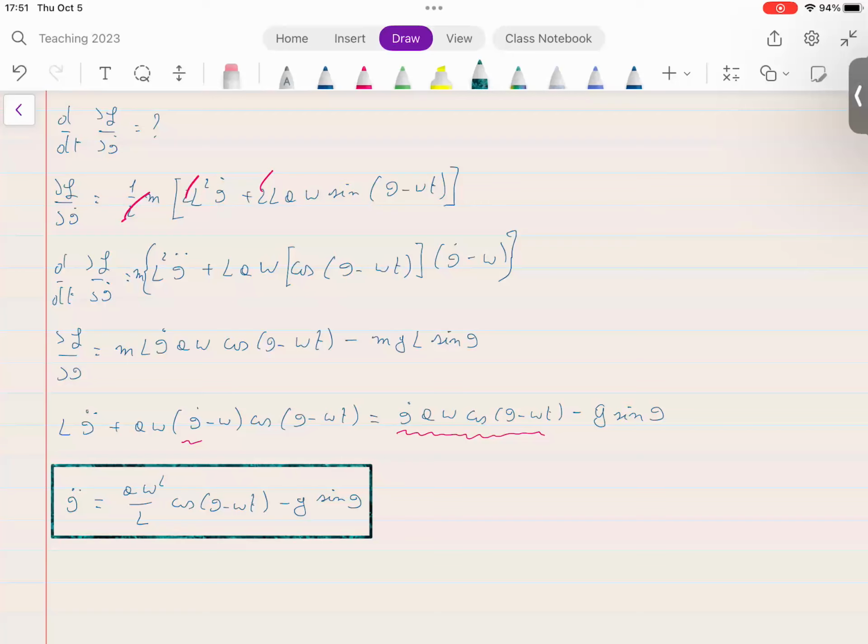Now, solving this is going to be far from easy, but we have the differential equation for theta double dot, which we may solve numerically. We may also find the approximation for small theta, small oscillations, the way we will do for the normal pendulum.